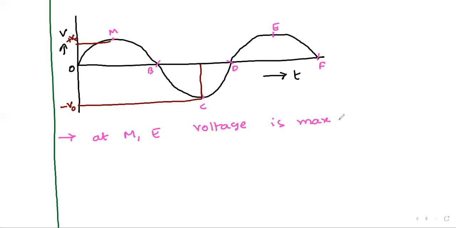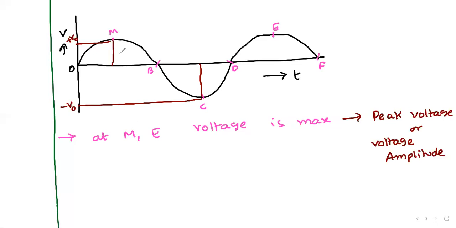So whenever the voltage is maximum, we can call it peak voltage or voltage amplitude. This is the maximum, this is my V naught.